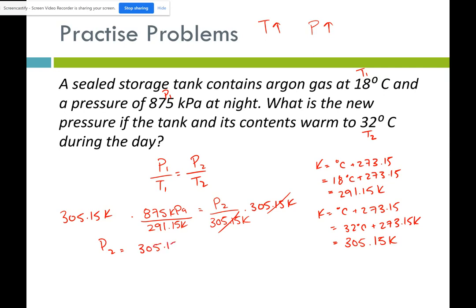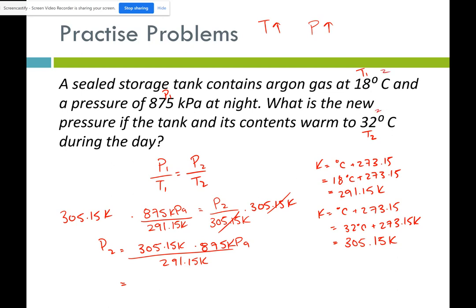So if I rearrange that equation, what we're going to get, and if I look at my question, I'm going to report this to two significant figures.